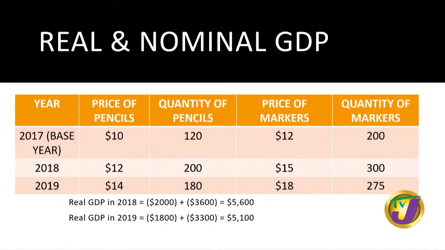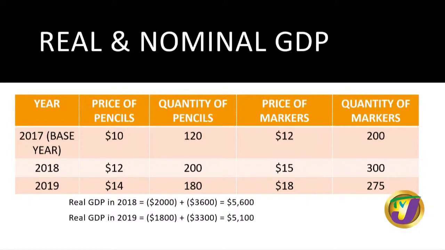So we're going to look at the $10 for pencils in 2017 rather than the $12 in 2018 and the $14 in 2019. And when we look at the price of markers, we're going to use the $12 base year price, rather than the $15 in 2018 and the $18 in 2019.